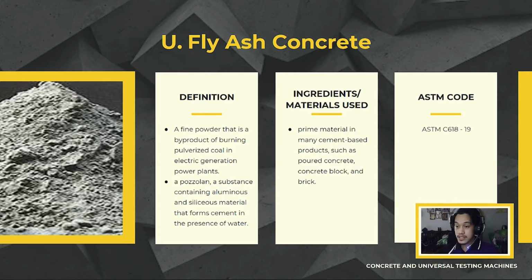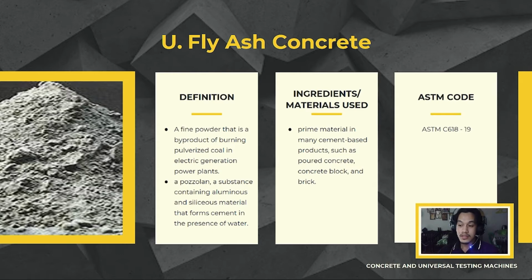So, itong fly ash ay isa sa mga common na ginagamit lalo na sa Portland cement concrete pavement or tinatawag na PCC pavement. Kadalasan ginagamit ito sa mga road construction projects dahil nga ideal din siya lalo sa list ng mga types of concrete.